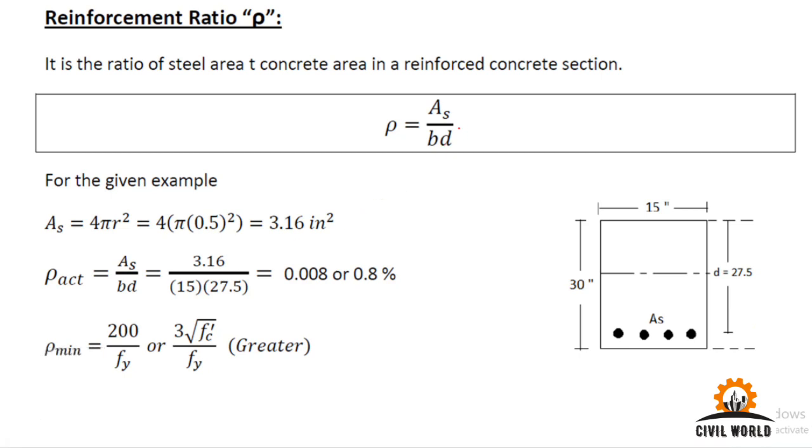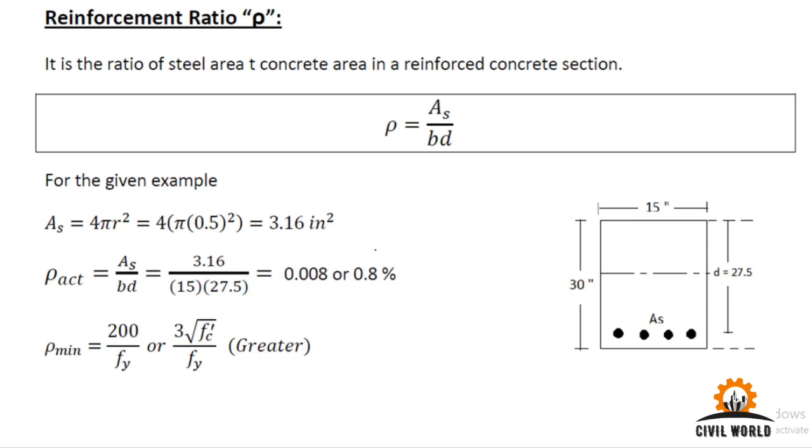The total area of concrete is actually B into H, but the area of concrete below the centroid of the steel is ignored. So we'll take it as AS over BD. This is B and this is D, which is 2.5 inches less than the total depth of the beam in this case. So we'll always use reinforcement ratio of AS over BD in the case of reinforced concrete beams.